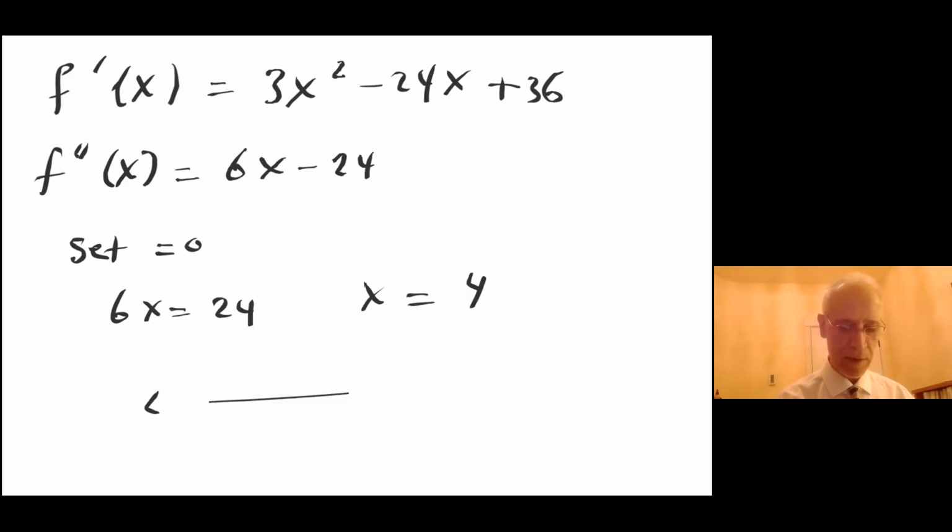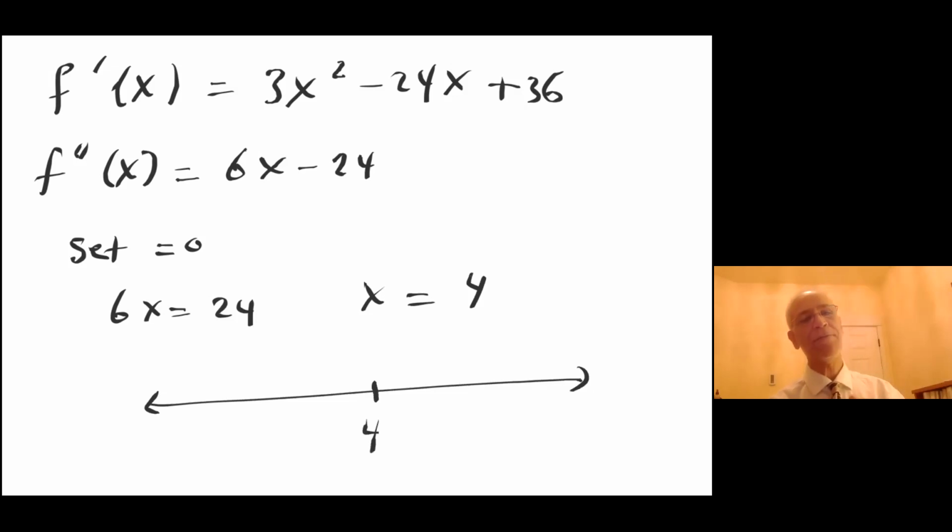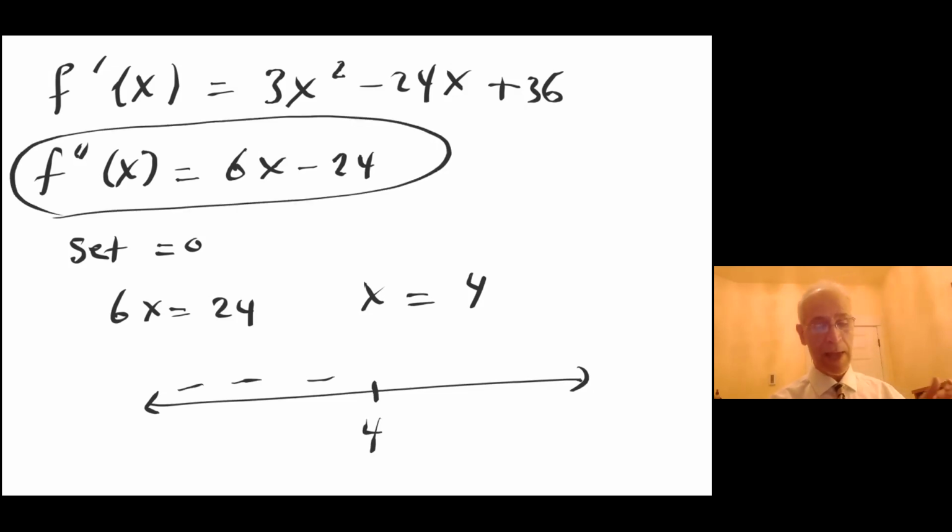So notice that now 4. To the left of 4, any number, let's say 3 or 2 or 1 or even 0, gives me a negative value if I plug it into my f double prime. And to the right of 4, say 5, 6 times 5 is 30 minus 24, gives me a positive value. So notice that I'm switching from negative to positive, so I certainly have an inflection point at x equals 4.